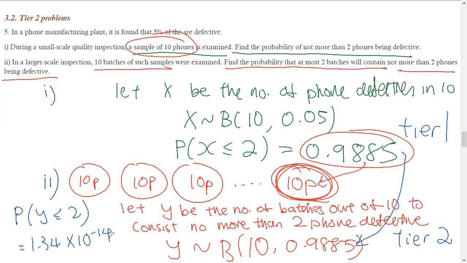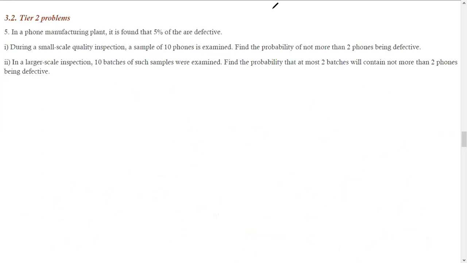Basically, if I regroup it into larger batches, I will take the first probability and put it into the second distribution. That's it. The whole thing will only make sense to you if you define your random variable properly. All right, don't worry. Let's move on and look at more examples of this.